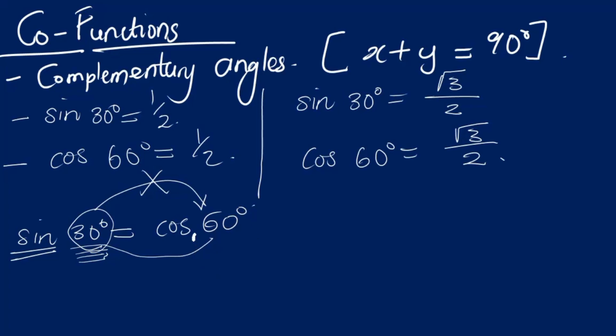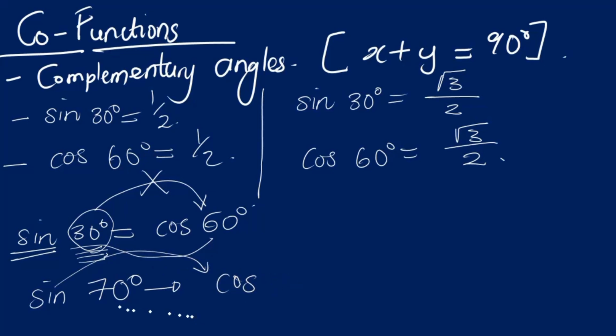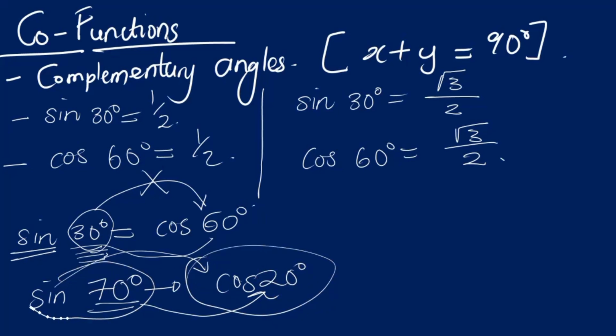All set? Let's say now that you have the sine of 70 degrees. What is the complement of the sine of 70 degrees? Well, the complement for sine is a cosine, right? And then the complement of 70, how much does 70 need to get to 90? That is 20 degrees. All set. So we have an angle and a complement. Let's take another one.